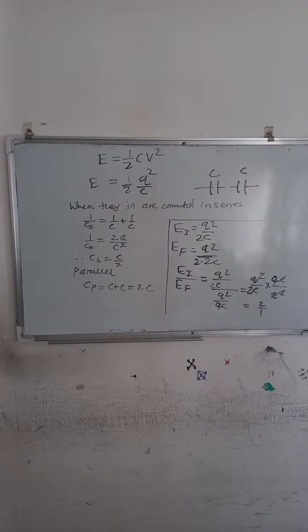The given graph shows the variation of charge Q versus potential difference V for two capacitors C1 and C2. Both the capacitors have the same plate separation.